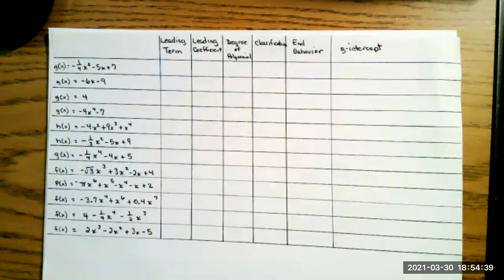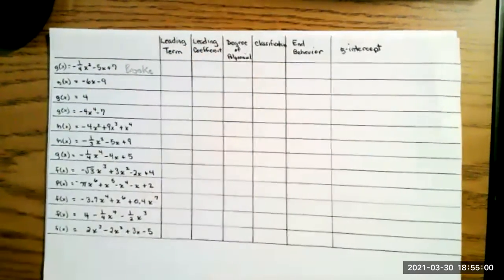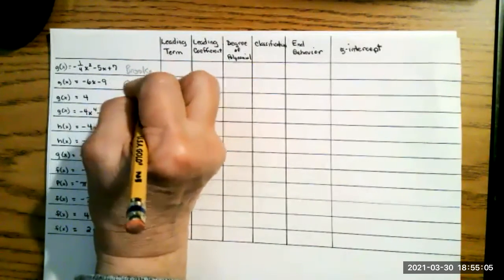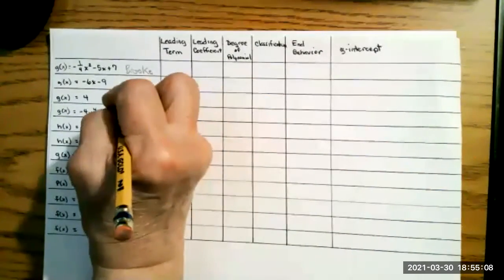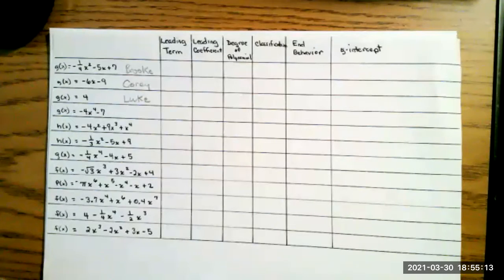And let me see. Let me pick some people. Let's see, Brooke, if you could do one across. Corey, you think you could do two? Two's okay. Corey. Luke, are you there? I'm going to give you the hard one. Yeah, I'm here. Let's see.